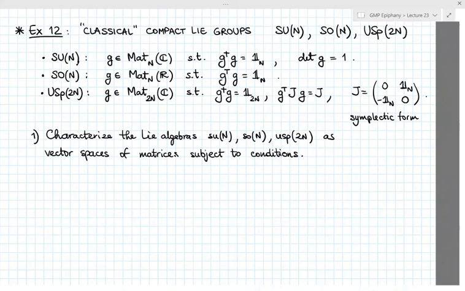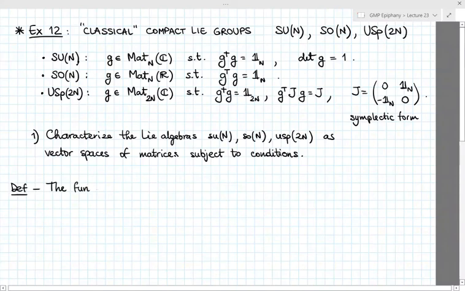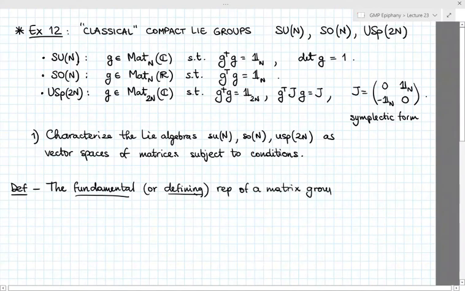Now, for the second part of the exercise, I need to introduce some definition. And the definition is that the fundamental or defining representation of a matrix group G, in particular, the special unitary, special orthogonal, and unitary symplectic group.